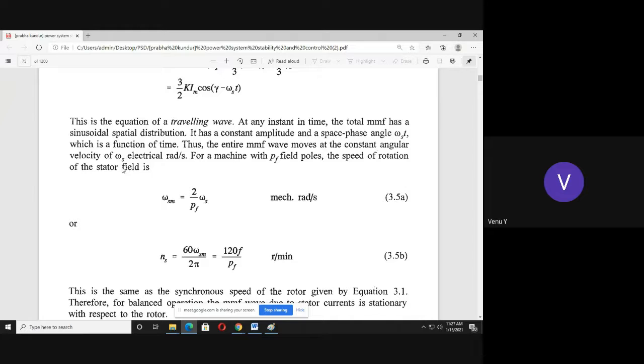and the machine has PF field poles. The speed of rotation of the stator field is omega sm, which is equal to 1 by pair of poles into omega s mechanical radians per second.